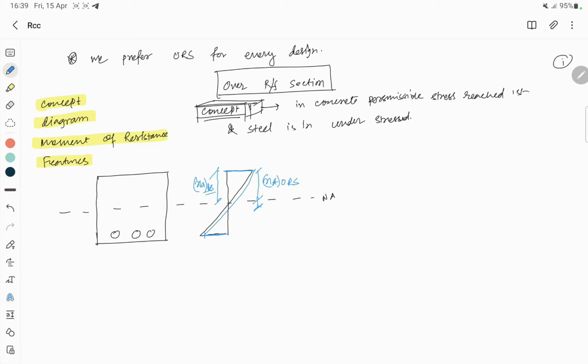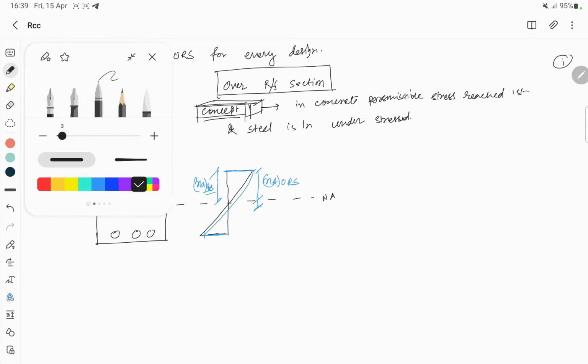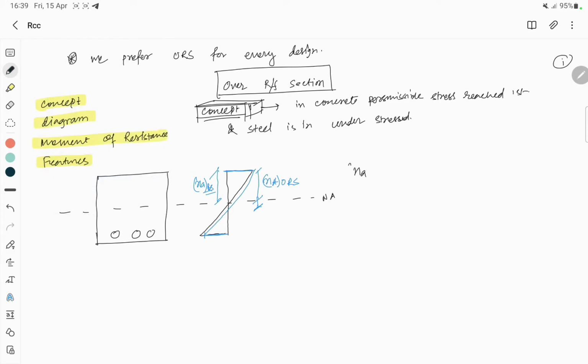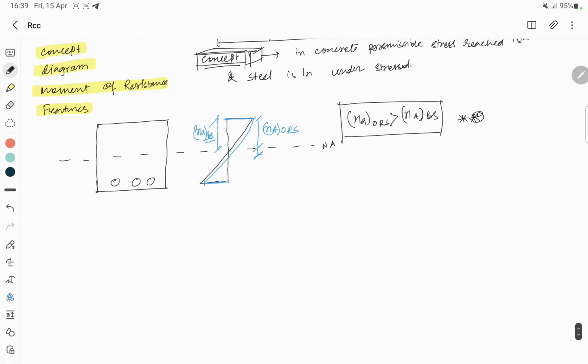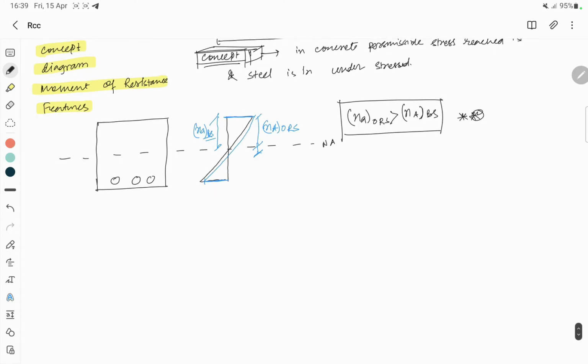So from the diagram I can say that neutral axis of over reinforcement section is greater than neutral axis of balanced section, and this is much more important. And if I consider the under reinforcement section, then what happens?